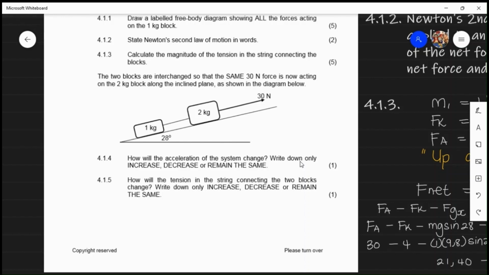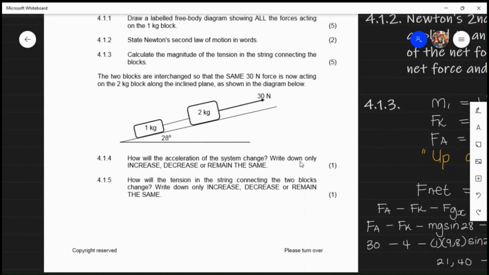So in a sense, you can think of it as if you were to pull up a lighter object as opposed to pulling up a heavier object. When you pull up a lighter object, there's less tension in the rope as compared to when you are pulling up a heavier object. When you pull up a lighter object, you use less force because the object has a smaller mass.